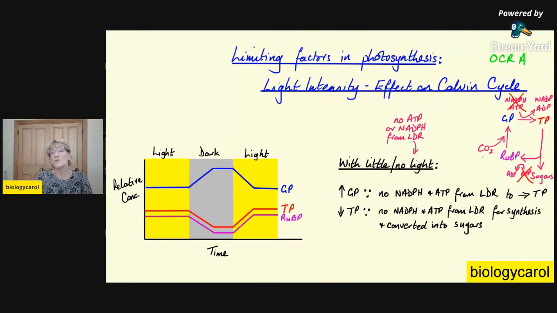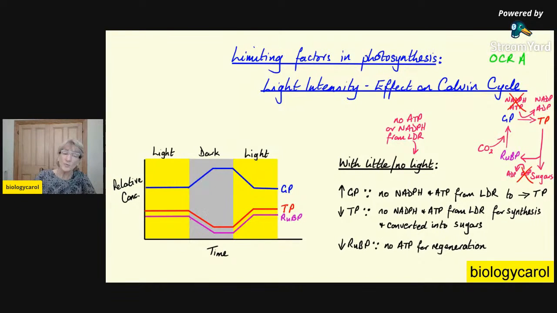And hopefully it also makes sense that TP decreases because there's no NADPH and ATP to turn any GP into TP. And also the TP that was there to start with is getting turned into sugars. So the amount of TP decreases in the dark.